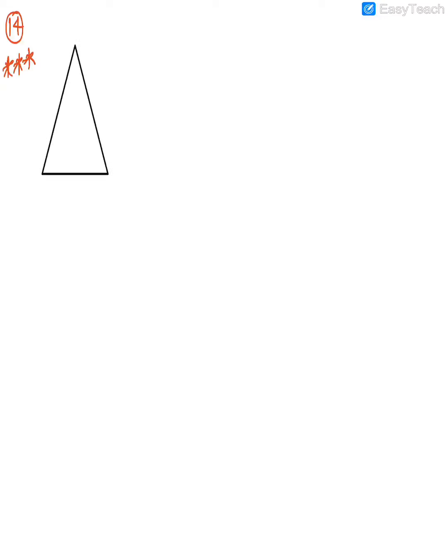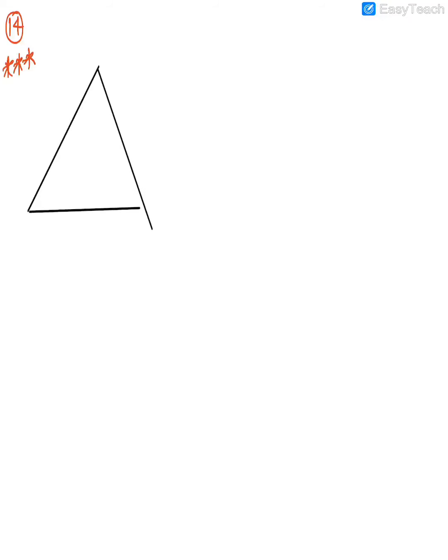Okay, let's name this triangle now ABC. There is one more side in the triangle, that's a point D. Now it's given that angle ABC is equal to angle DAC.